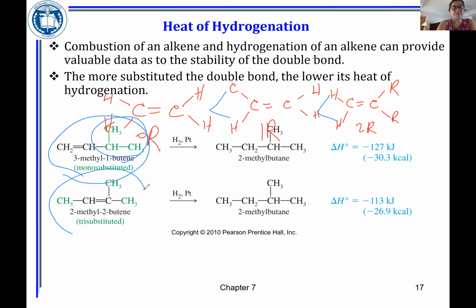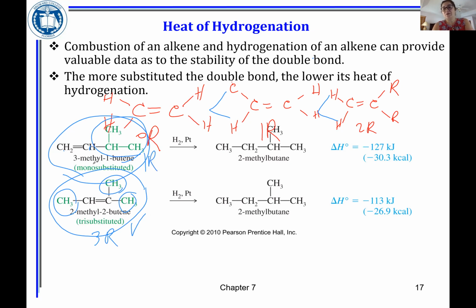When you look at this molecule down here, 2-butene, you have 1, 2, and 3 groups attached to the carbon-carbon double bond. So this is a 3R. It's going to be more stable than the 1R, the top molecule.